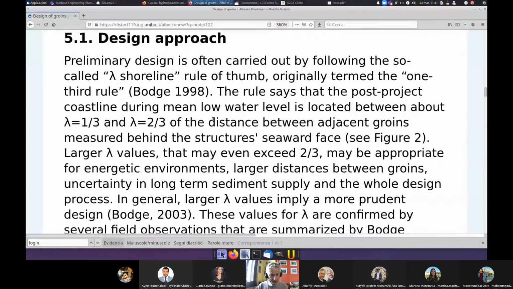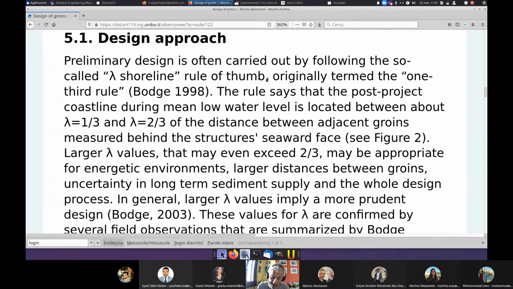Okay, so let me share the screen, and let me go to this design approach. And again, what I am discussing here now is related to the design of groins, and these are rules of thumb. So they are not analytical approaches, and not very detailed approaches.